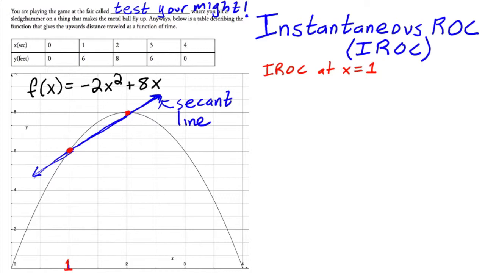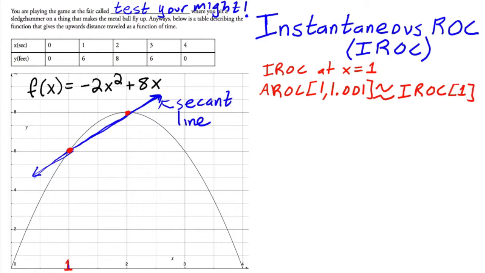So if we find the average rate of change between 1 and 1.001, that is approximately equal to the instantaneous rate of change at 1. But we don't want to approximate anymore. We want to find the exact value.